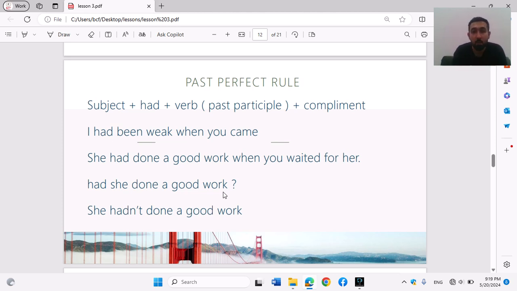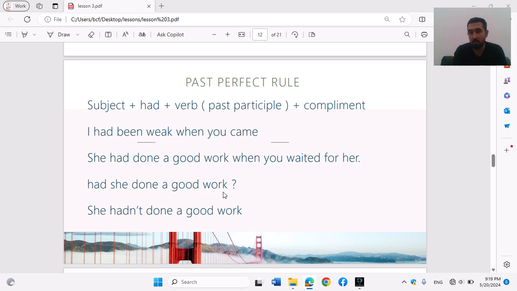I had been weak when you came. So I had been weak happened before you came. Okay? So it's an action that happened before another action. It's already done before another action. She had done a good work when you waited for her. So when you were waiting, she had done a good work before that.